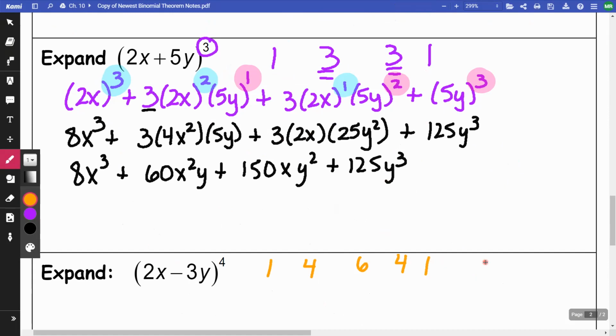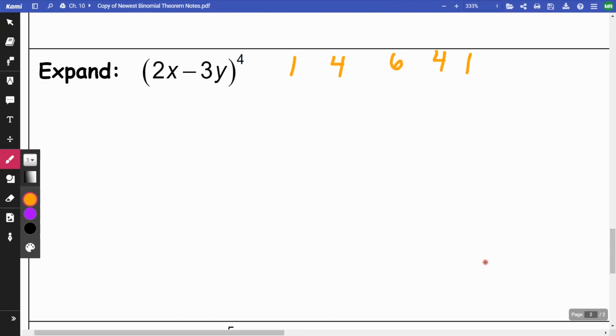Okay, now in this case, what's going to happen is my 2x is going to be one term, and then my negative 3y is going to be another term. So I'm going to be starting with my 2x to the fourth because of the power 4 here.